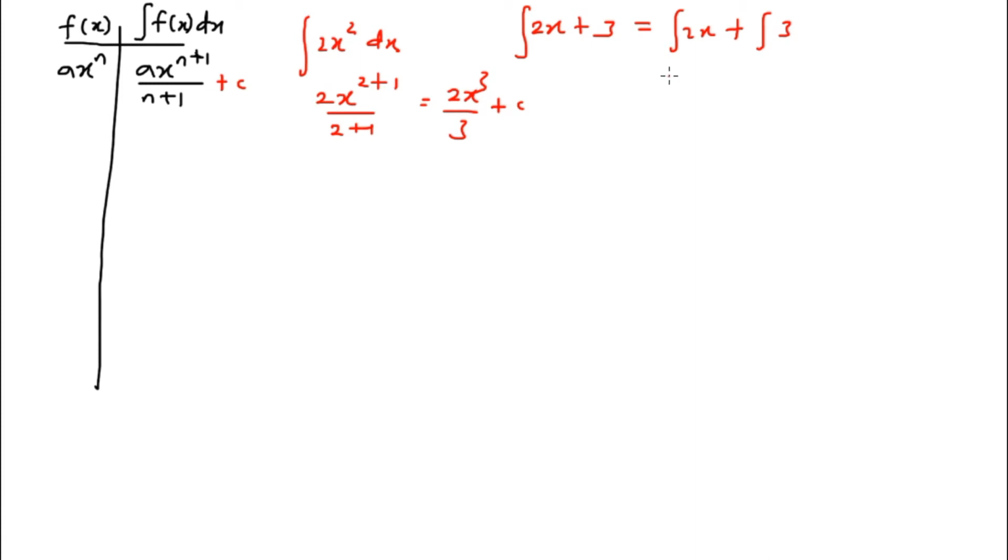If I integrate 2x, I have 2x squared over 2. Then if I integrate 3, I have 3x, simply because ordinary 3 is like having 3x raised to power 0. Integrating this gives 3x raised to power 0 plus 1 over 0 plus 1, and 0 plus 1 of course is 1.